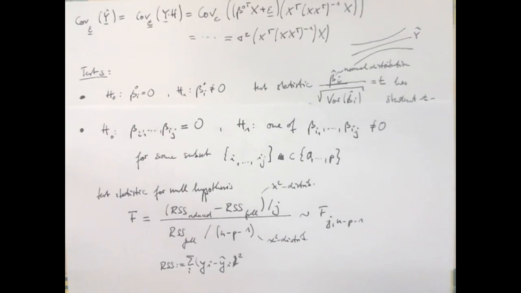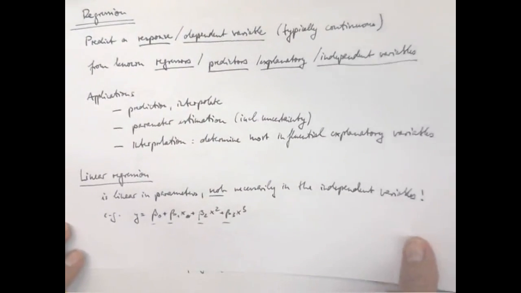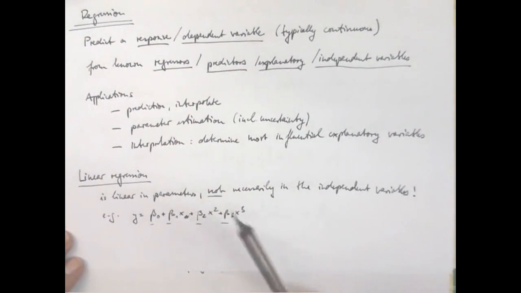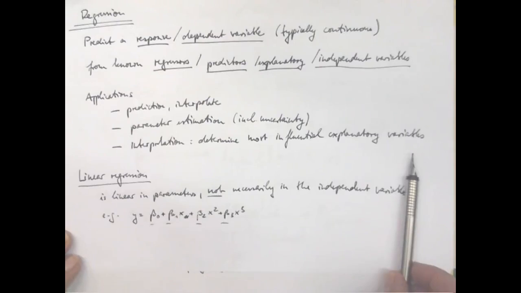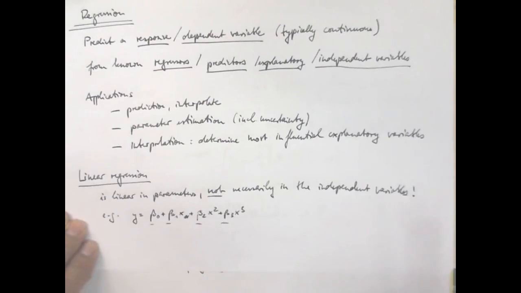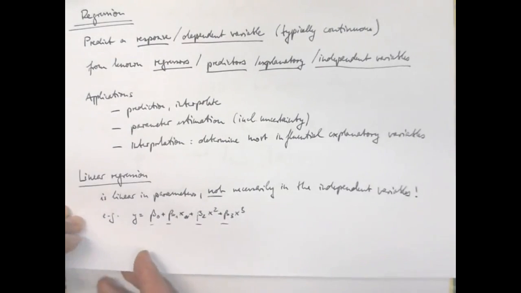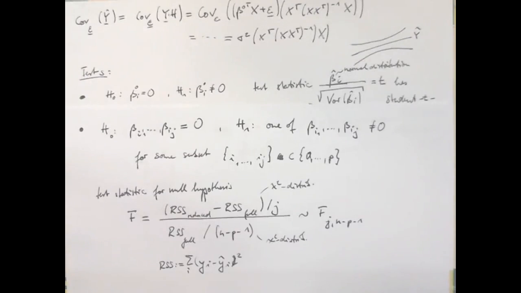So I said that one of the motivations for doing regression in the first place is interpretation, to find out which are the influential explanatory variables at all. Here you want to find out which of your features you need in your linear regression model and which ones not.